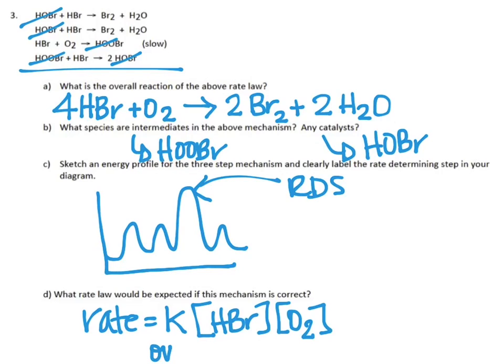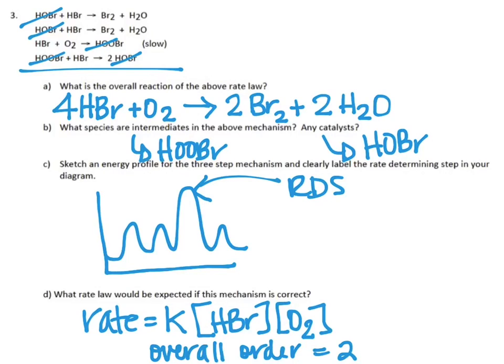And our overall order is what? 1 plus 1 is 2. You can write 1 there if you want to. They're not going to count you off or anything.